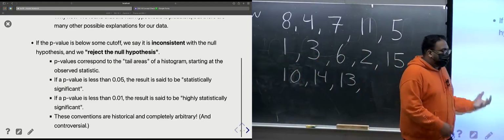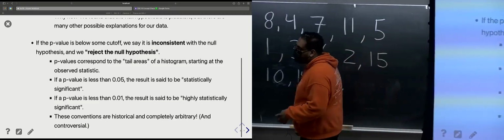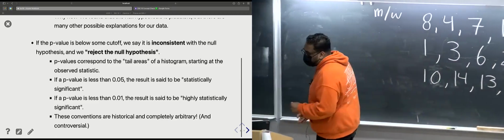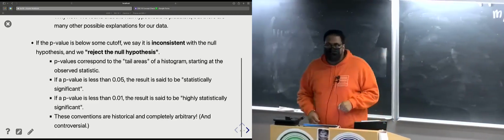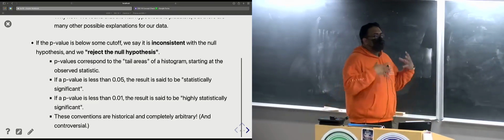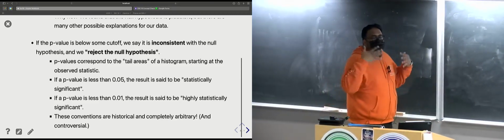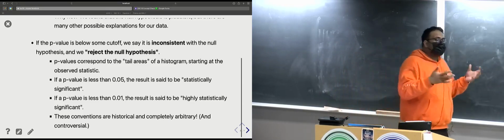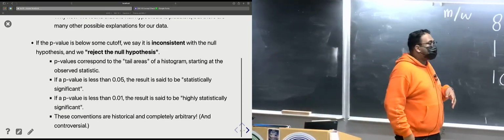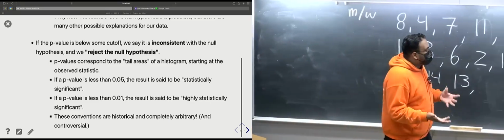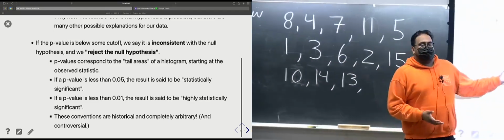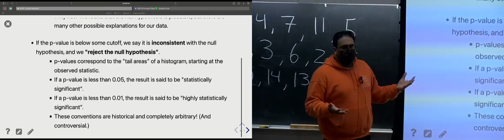And there are some qualitative terms associated with these cutoffs, like statistically significant or highly statistically significant. But what I'll say is that these cutoffs are arbitrary. We will follow them because it's typically what folks in statistics do. But I wouldn't blame you for questioning why are we picking 0.05. That's kind of just the way it is. Do we agree?